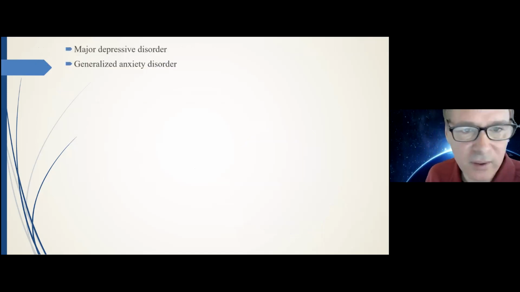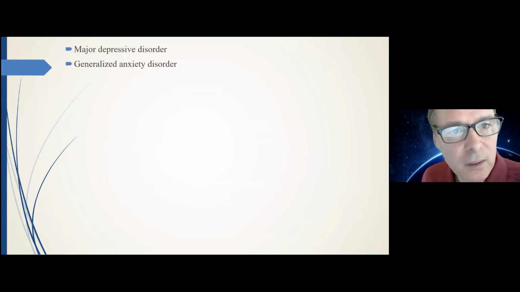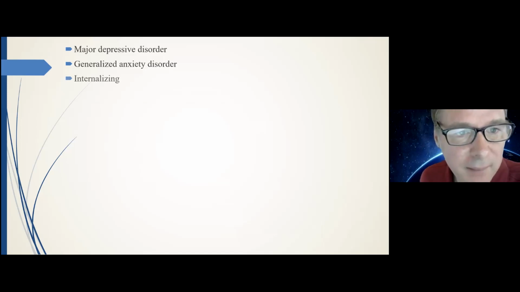Here's an example of no one solution. When they were going to revise the DSM-5, there was some thought that major depressive disorder and generalized anxiety disorder could be combined into something called internalizing disorders, that they were maybe overspecified.